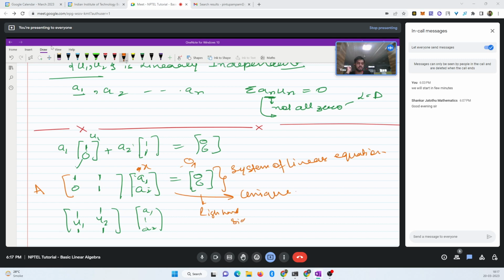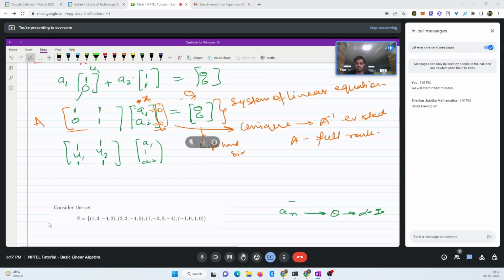When your A inverse existed, or in other words, your A matrix was full rank, then this unique solution existed. So if only one solution exists for this kind of equation, what is that solution? That must be a1 is equal to 0 and a2 is equal to 0. (0, 0) is the case when you have a unique solution in case of a homogeneous system.